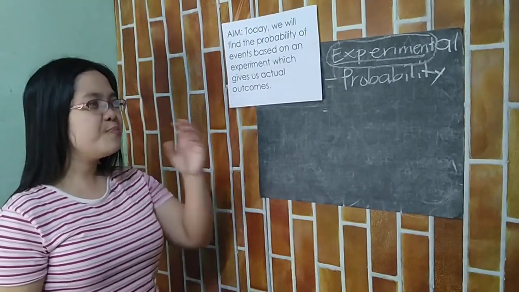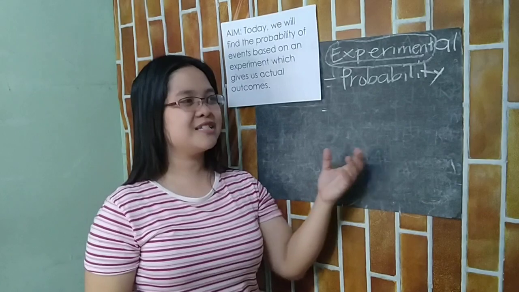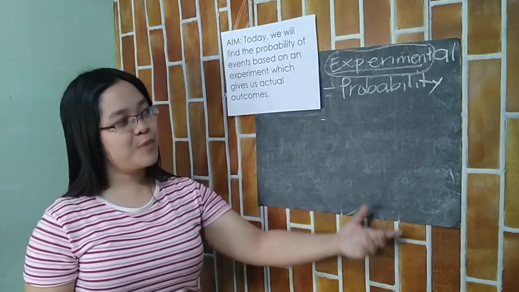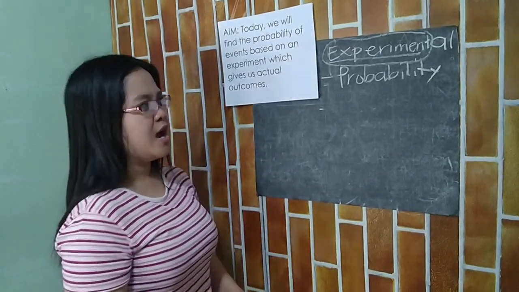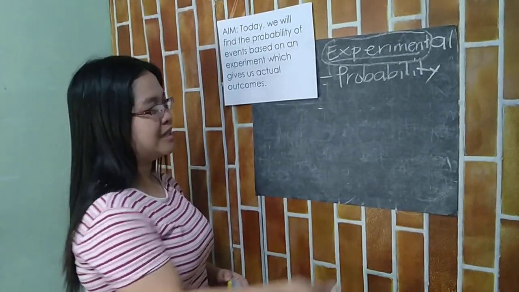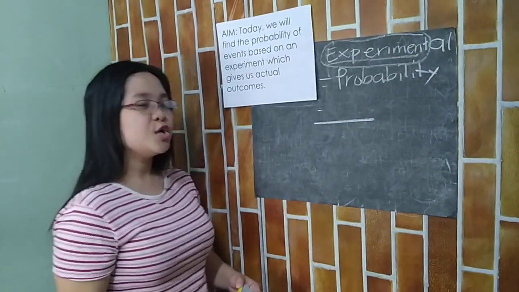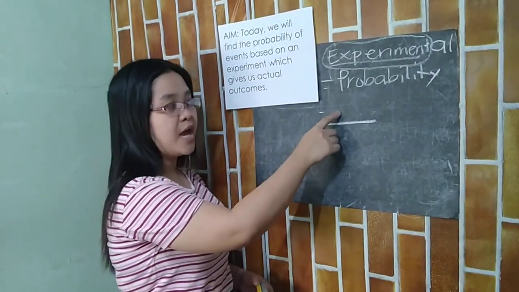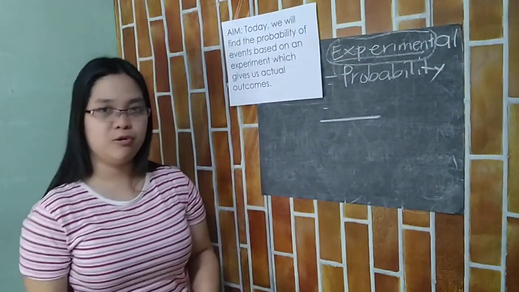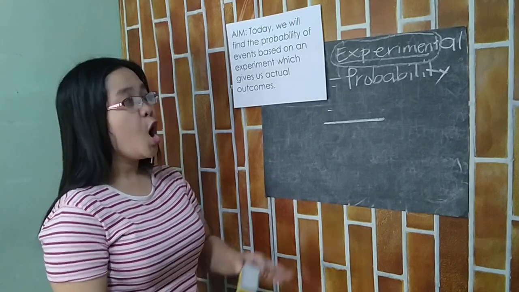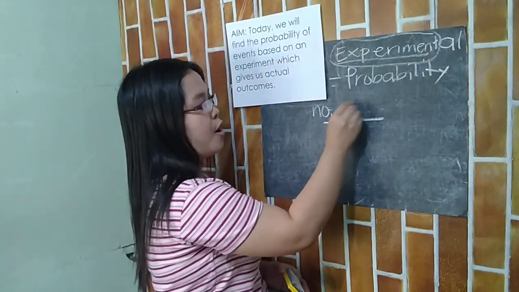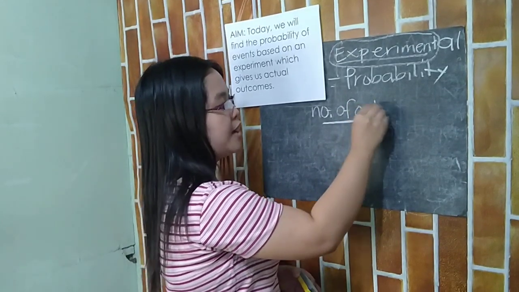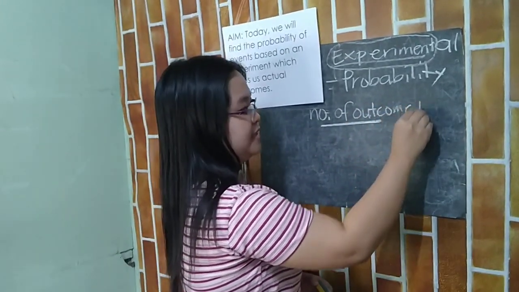No. You go back to how we expressed our experiments in probability a while ago. What have you observed? Remember, probability can be written in the form of a fraction. So what should we put on top and what should we put at the bottom? Okay, on top, we put the number of outcome happen.